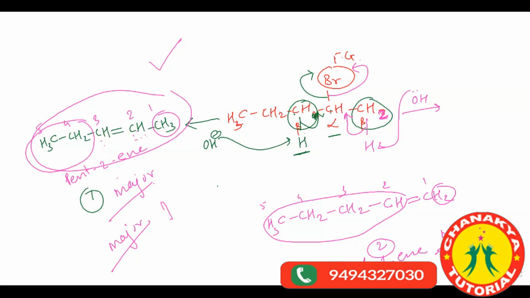In 1875, he formulated a rule which can be summarized as: in a dehydrohalogenation reaction, the preferred product is that alkene which has a greater number of alkyl groups. So in that you can see there are a greater number of alkyl groups and here are fewer alkyl groups, and hence it would be the major product and this will be the minor product. Fine? Clear? So shall I erase it?